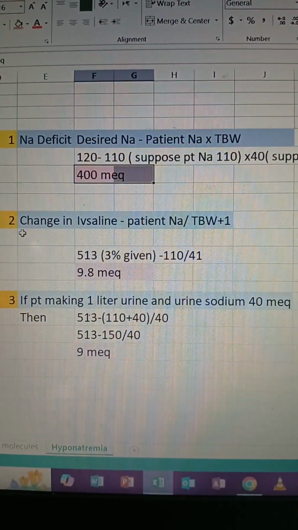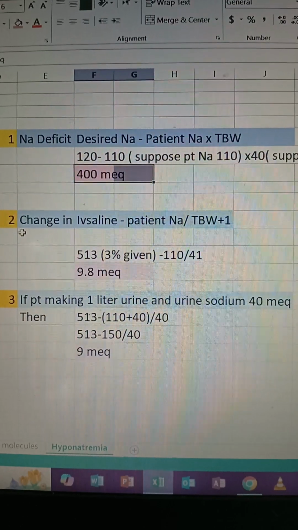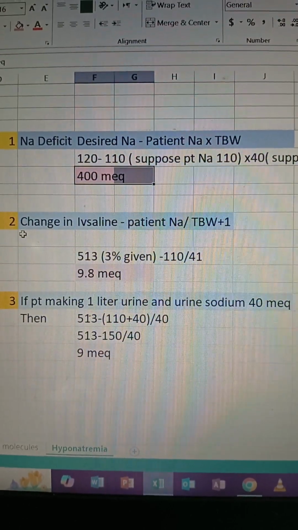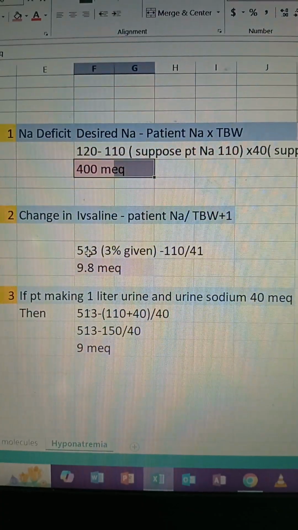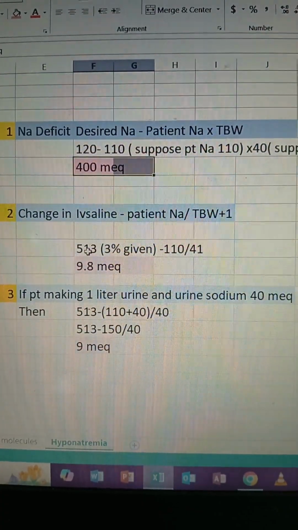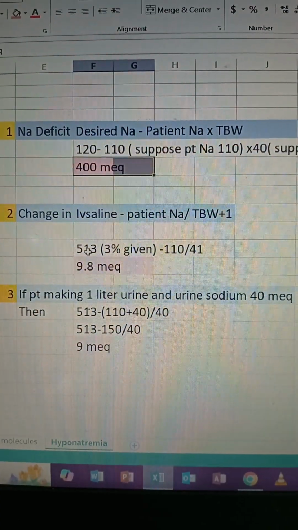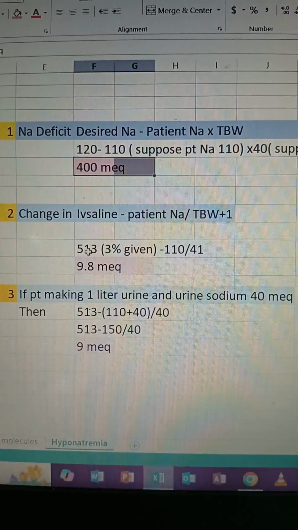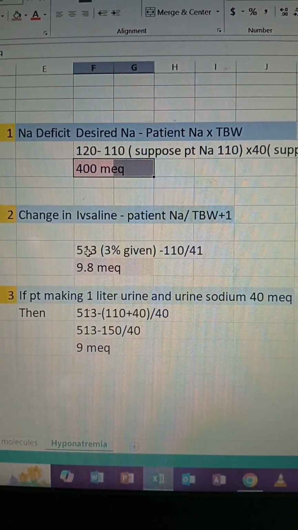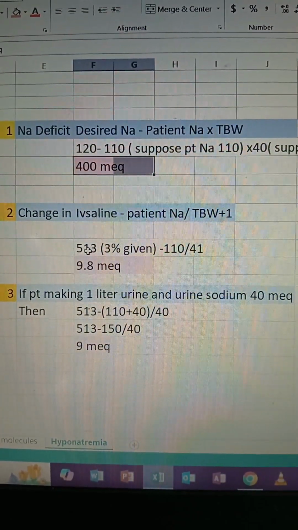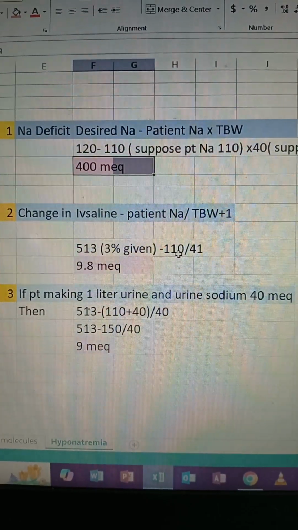Now in the second step, we want to see the change in sodium. When we want to see the change in sodium, we have to give sodium to the body. Suppose in this patient the hypertonic saline has to be given, and we know that 1 liter of hypertonic saline contains 513 milliequivalent sodium, and the patient's sodium is 110.